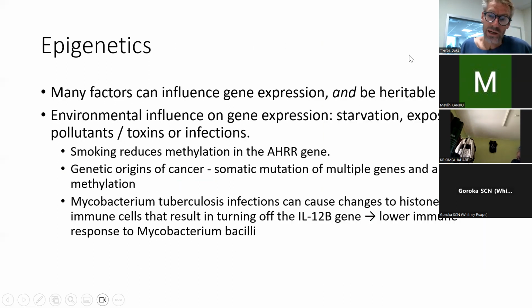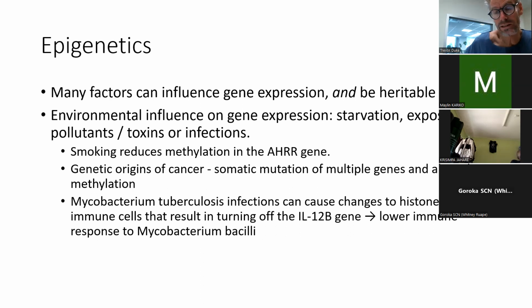Many factors, some of which are hereditable, and some of which just occur in the individual. But many environmental factors, such as starvation or severe malnutrition or exposure to pollutants or toxins, can change our genes. Certainly there's good evidence of methylation in the AHRR gene, which is a form of epigenetic link to cancer, because that leads to lung cancer, squamous cell carcinoma of the lung. There are genetic origins of other forms of cancer.